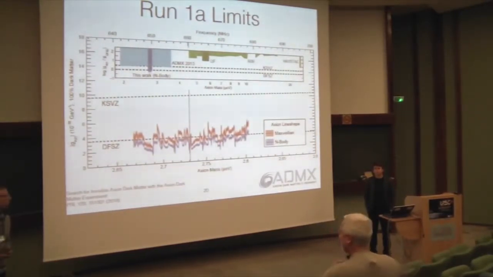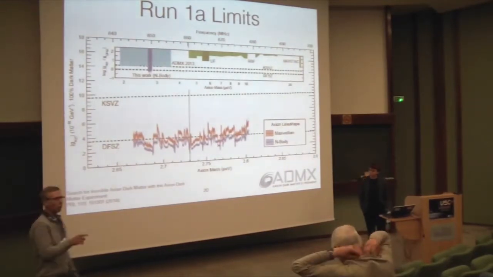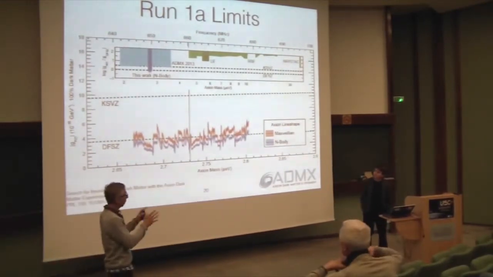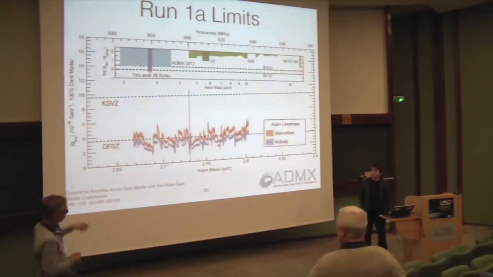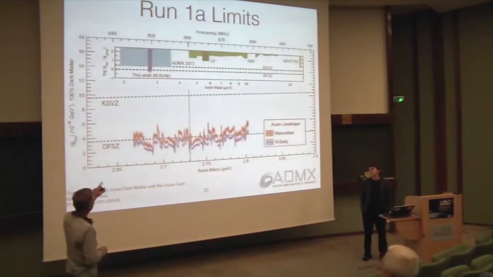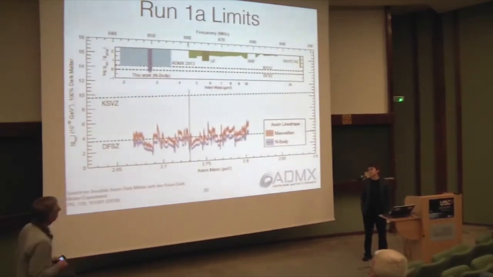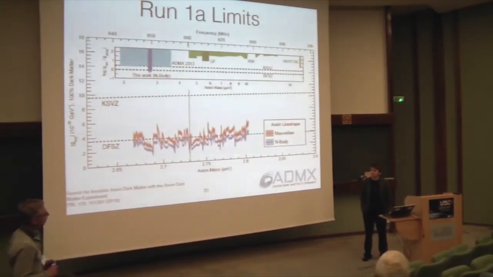Other questions? So I have a related question. Yesterday we heard that there are other experiments looking for different mass ranges. Are the plans to be as sensitive as you are, for instance, to test the DFSZ limit? There are so many.